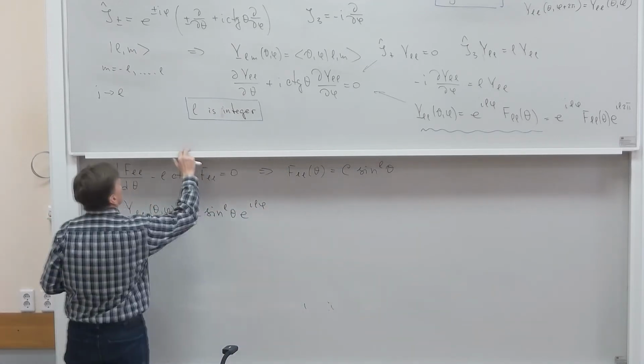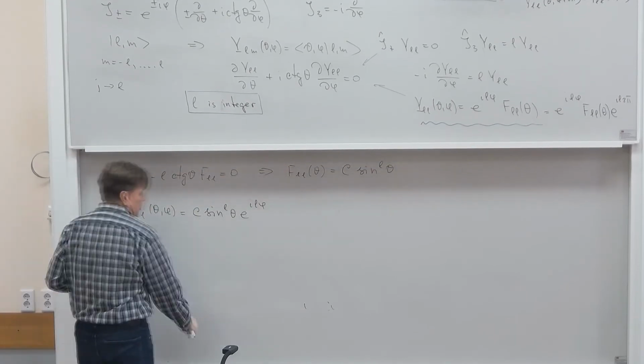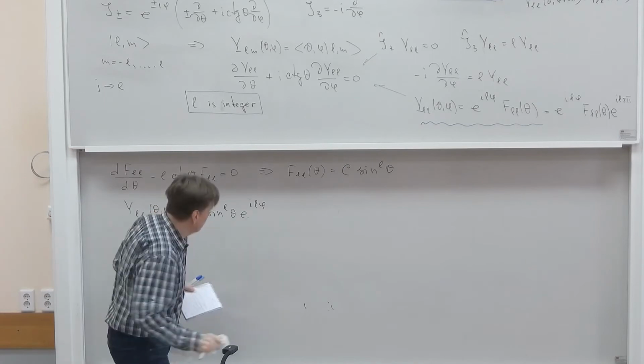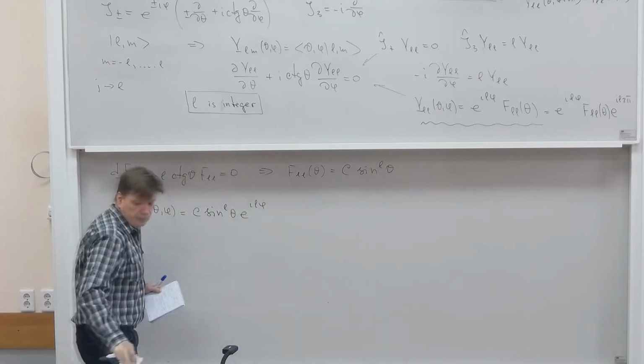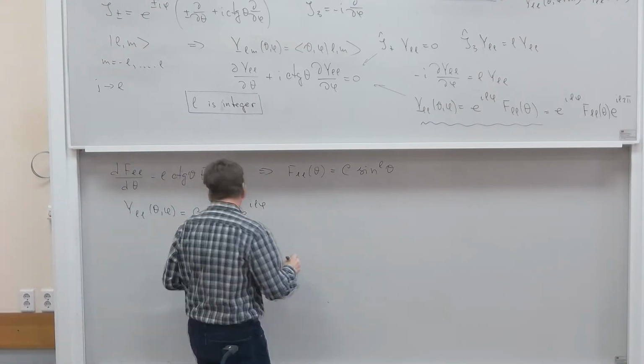So applying the operator J minus to these functions, we get the following recurrent relations.